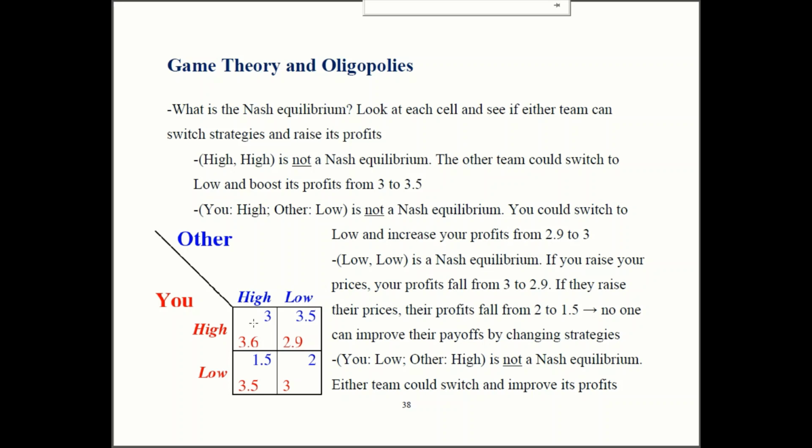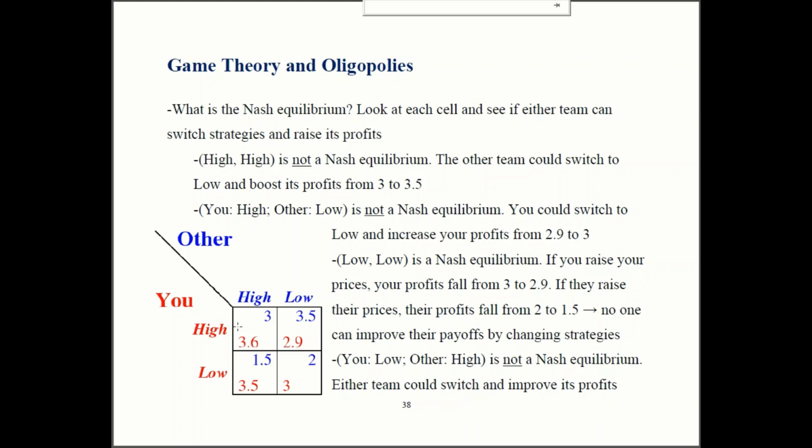So if they're playing high and you're playing high, they're getting 3 million. But if you're still playing high and they switch to playing low, their profits are going to go up to 3.5 million. So they're going to want to change strategies. High is not going to be stable. Therefore, high is not going to be a Nash equilibrium.